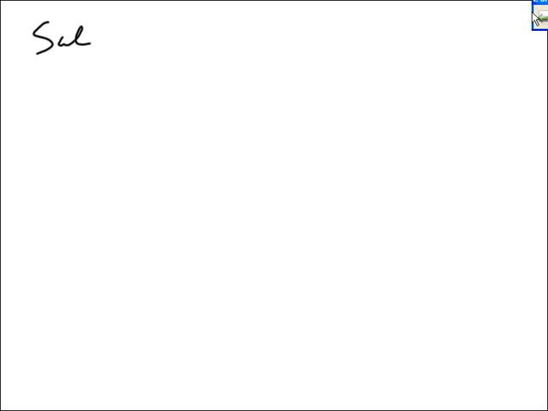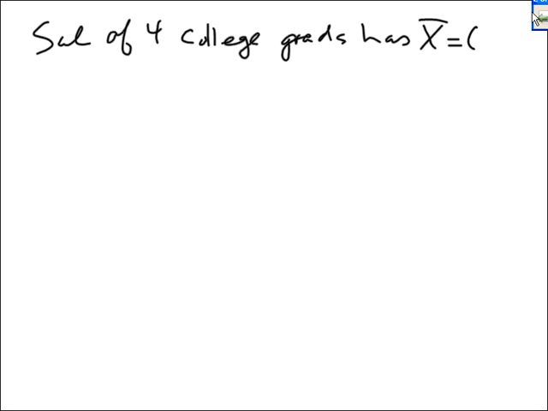Suppose that the salary of 41 college grads has a sample salary of $67,200 with a sample standard deviation of $18,277. The problem is to estimate the population standard deviation.